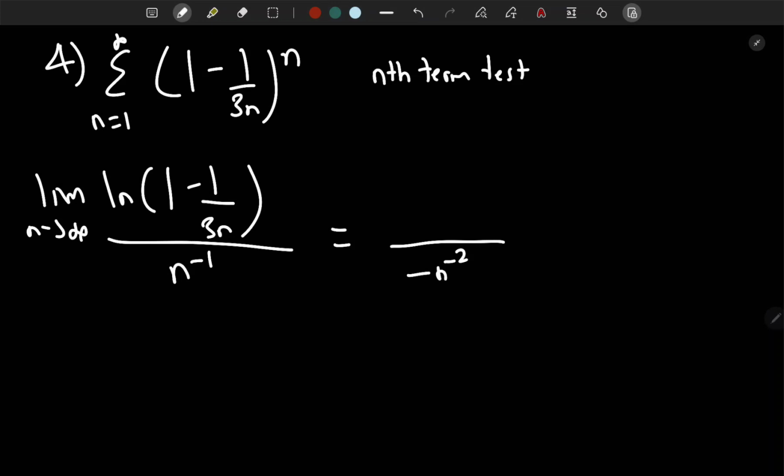The chain rule first says whatever we have inside, we just rewrite it, so it's 1 minus 1 over 3n, multiplied by the derivative of the inner part.